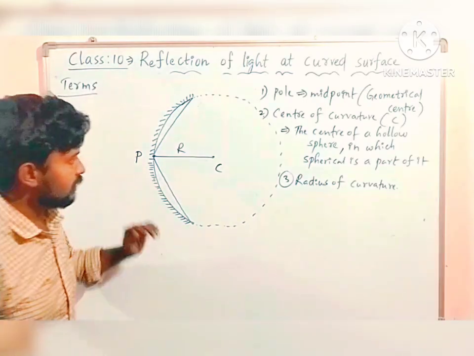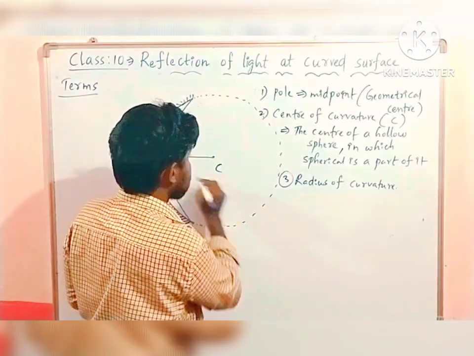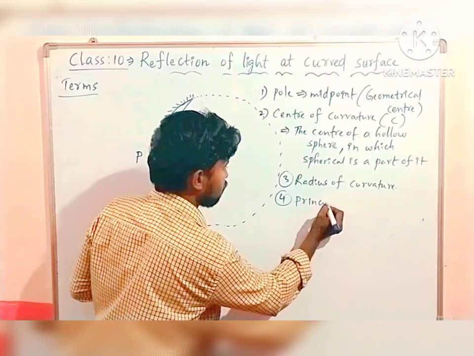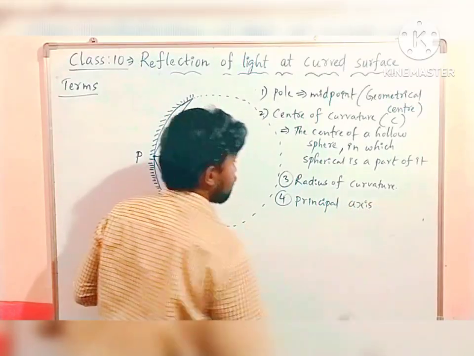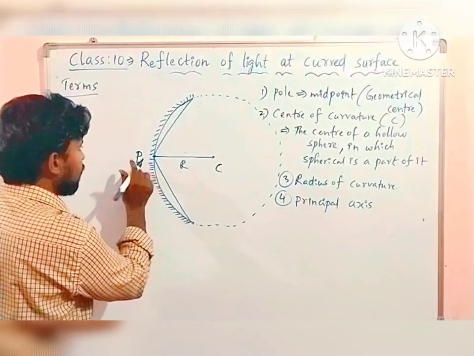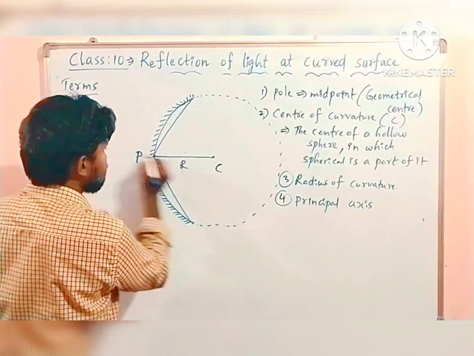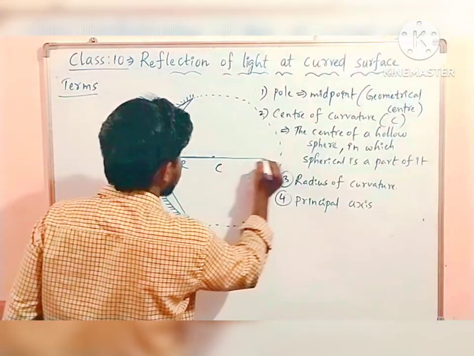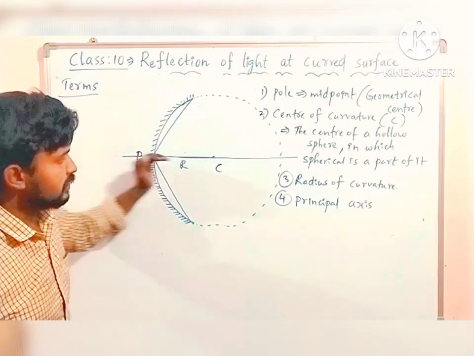The next thing is the principal axis. What does principal axis mean? The principal axis means the imaginary line which passes from the pole to the center of curvature.